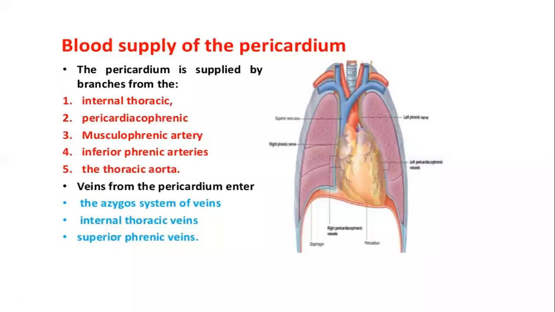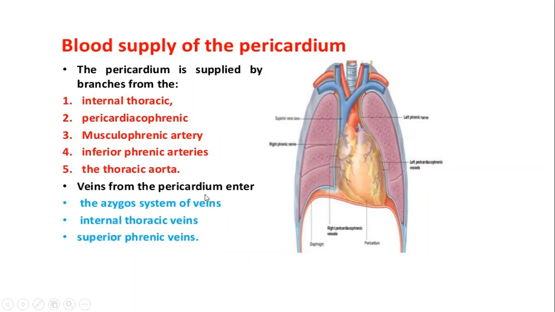The musculophrenic artery is basically a terminal branch of the internal thoracic artery, and the pericardiophrenic artery is also one of its branches. The thoracic aorta also gives off various branches to supply the pericardium. Those branches include bronchial, esophageal, and superior phrenic arteries, and the inferior phrenic artery as well.